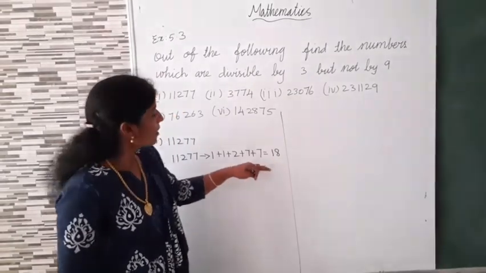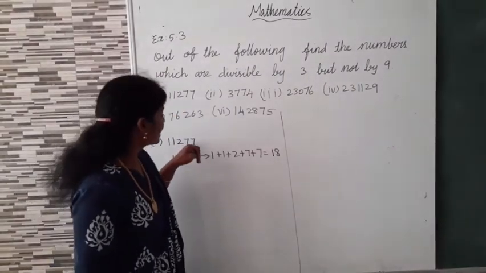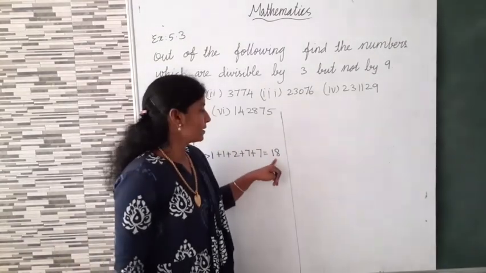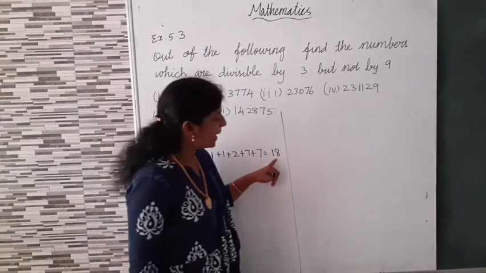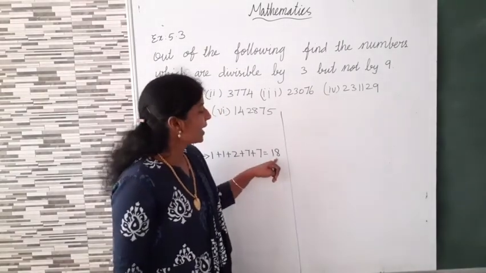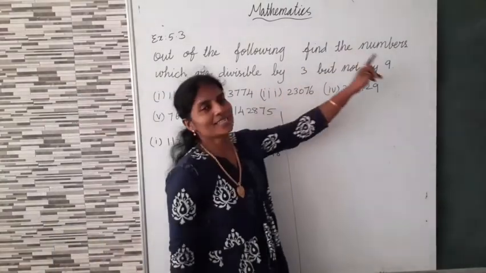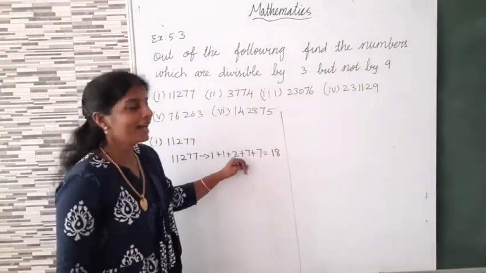So 11,277 is divisible by 3. Then it is also divisible by 9, yes, 9 2s are 18. So this is divisible by 3 and 9.